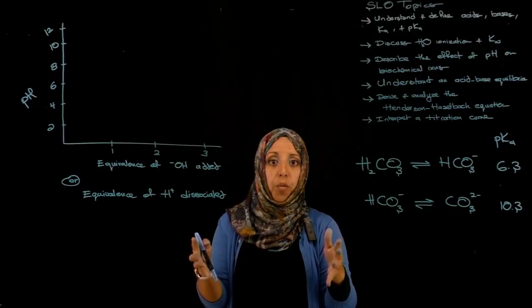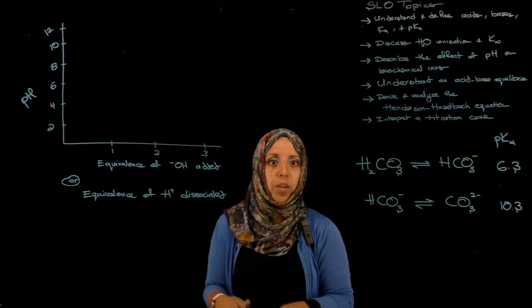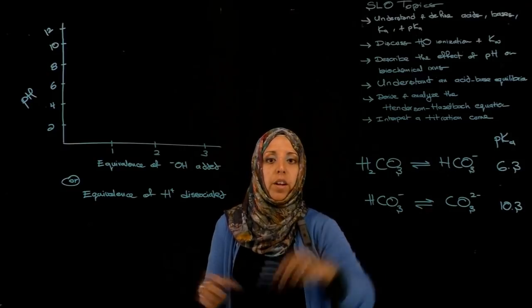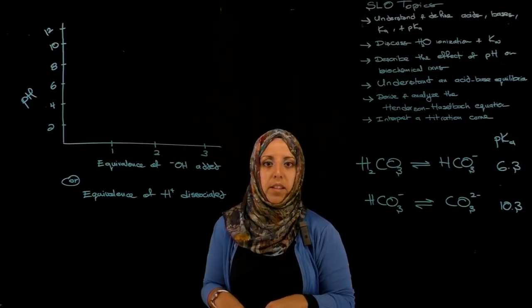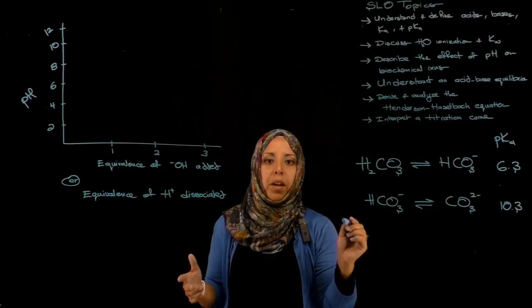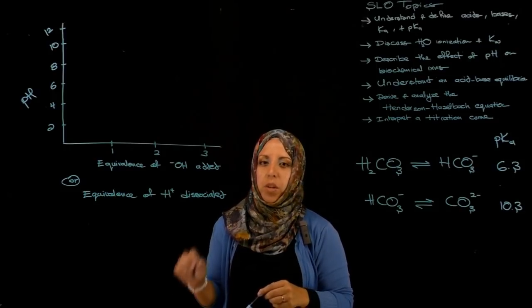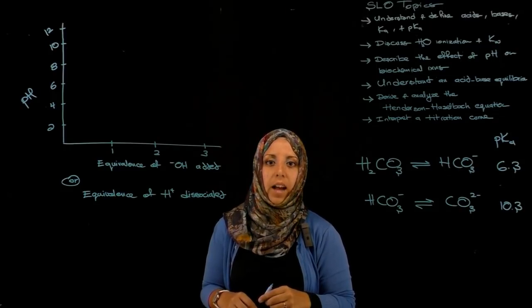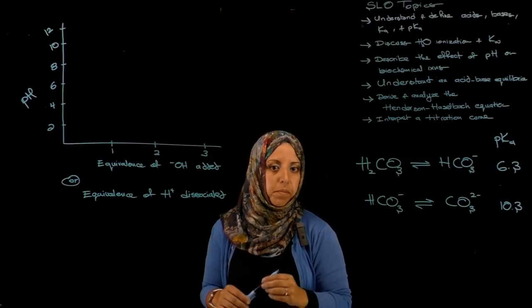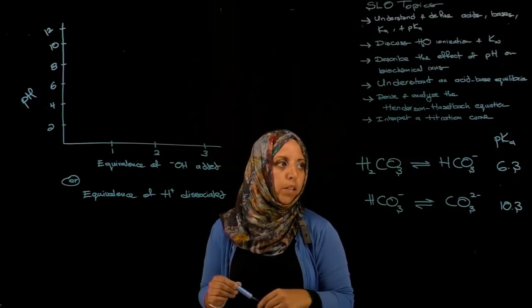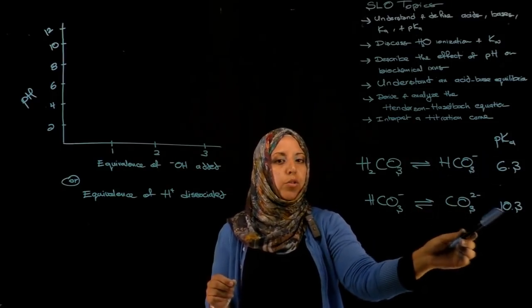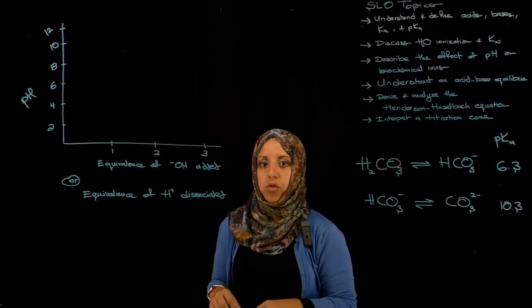And once you hit the first equivalence of the base, that's when the acid's completely turned over into its conjugate base. And that's when you see this really sharp increase in pH when a small amount of base is added, right? Well, the pKa of the solution does relate to the pH, right?